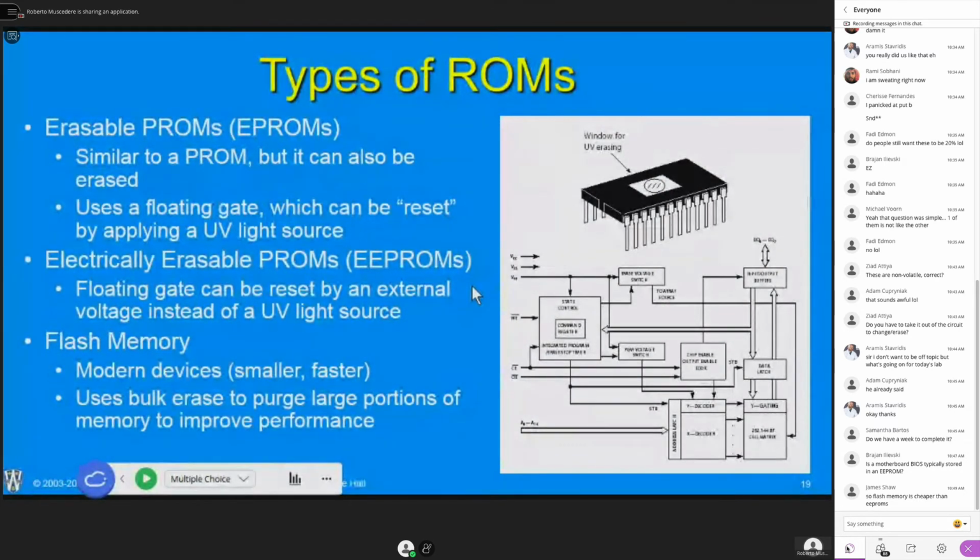Now, the major difference is that flash memory stores information in large chunks. So when we want to write to it, we have to erase a large chunk of it and then write back to it. If you're using a flash memory card in your computer and you change just 1 byte of a file, it actually has to go to that part of the file, erase the whole part, and rewrite the new part.